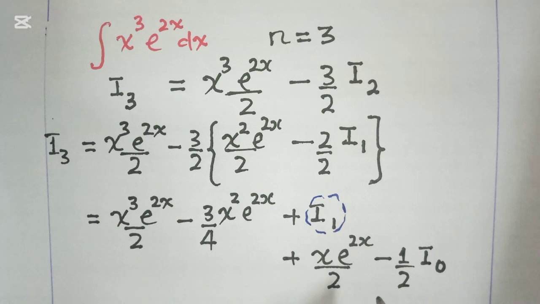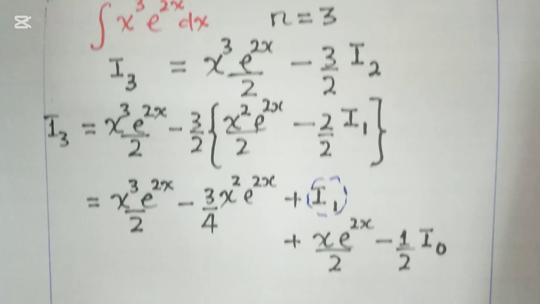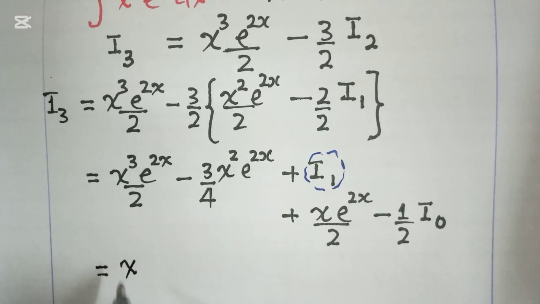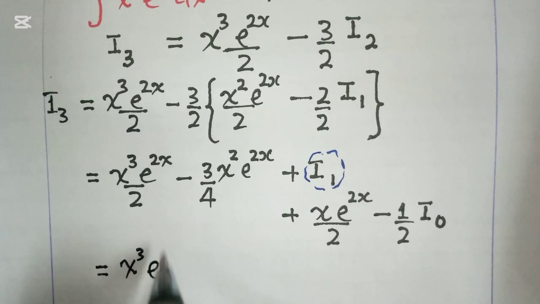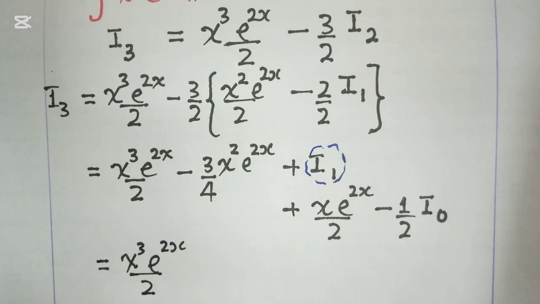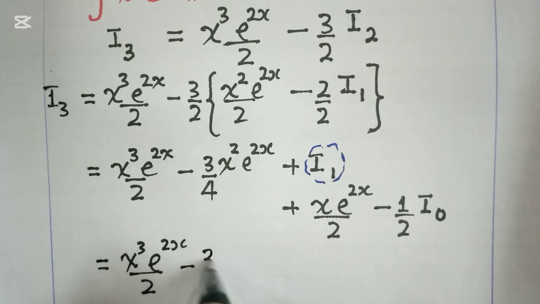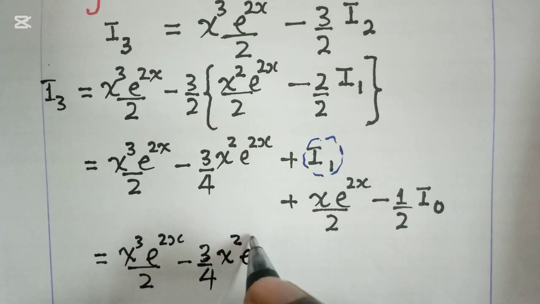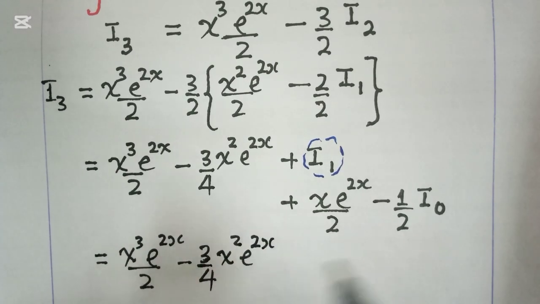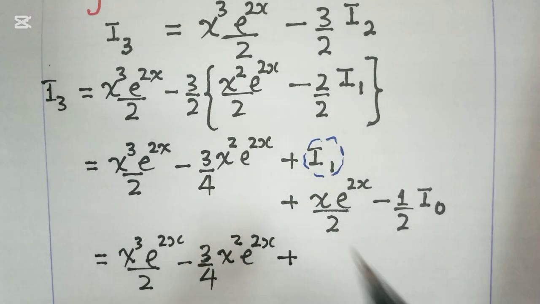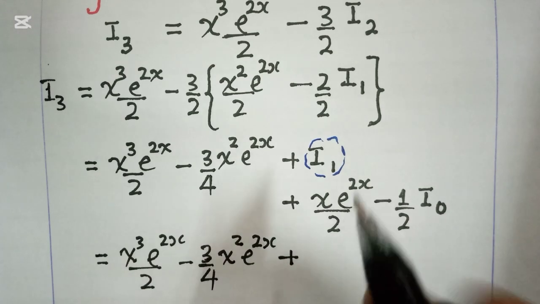From there, guys, I come and write everything now. Again, I write everything. So we shall have x cubed e raised to 2x all over 2 minus 3 all over 4 x squared e raised to 2x, now plus, this is x.